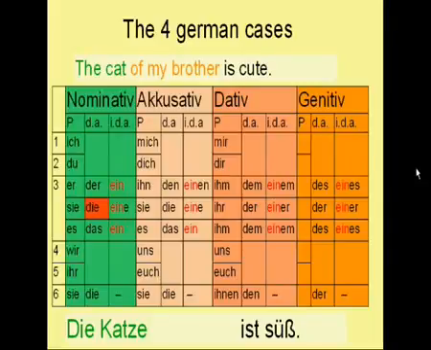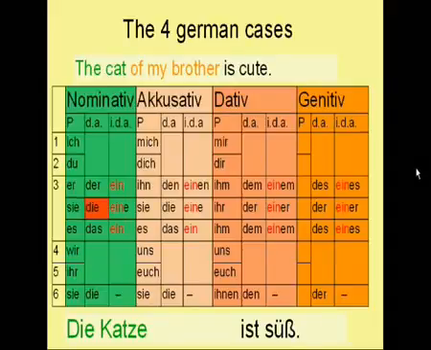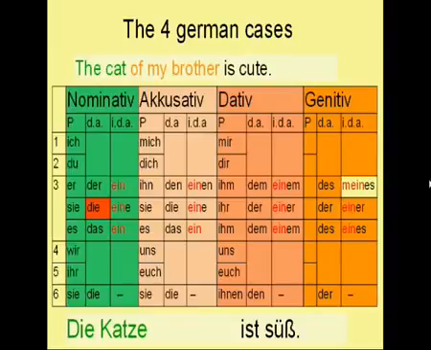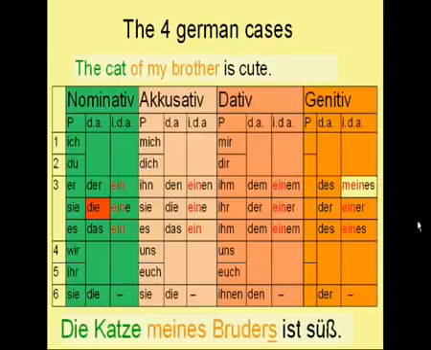We also know that my brother is in the 3rd person singular and is masculine, therefore we have to replace this one. And we replace it with mein, because the possessor of my brother is in the 1st person singular. Here is how it looks like when it's replaced: meines. And the sentence reads, Die Katze meines Bruders ist süß.